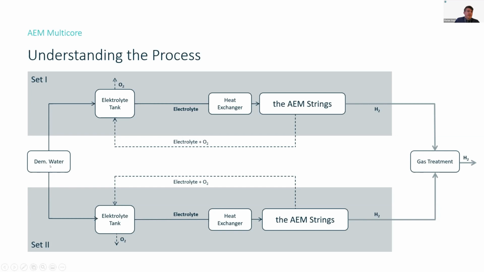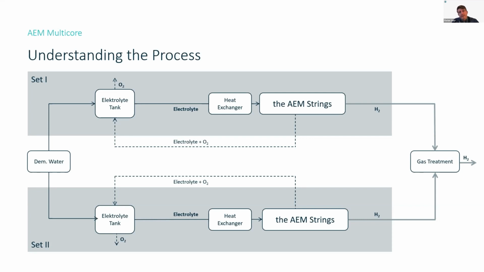We have demineralized water at the top and at the bottom. Demineralized water will go into our electrolyte tank. The electrolyte tank is connected to the pumps, and the electrolyte will be pumped through the heat exchanger, where we remove the heat from the electrolysis process to our coolers on the roof of the container.